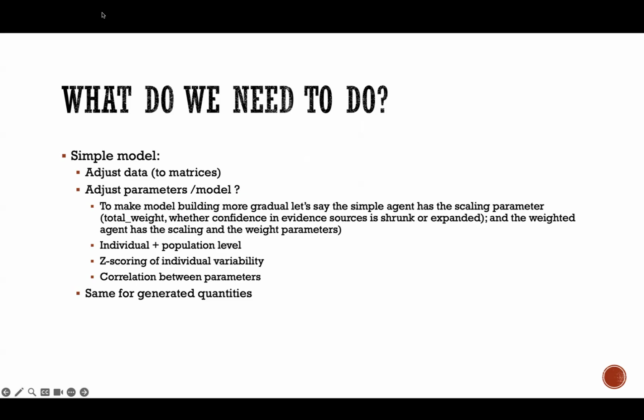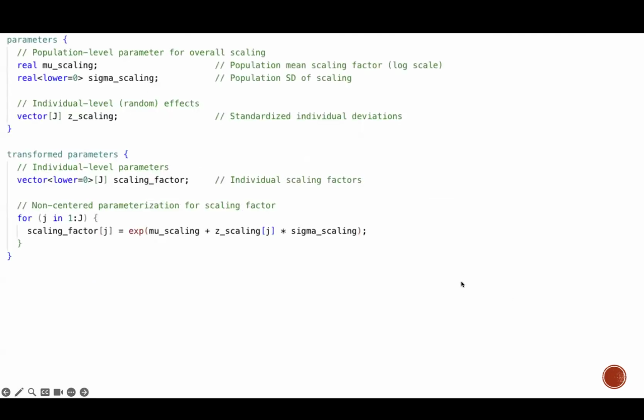And then the weighted agent has both the scaling and the weight parameter. We'll then need to add the individual and the population level in the model. We'll need to z-score the individual variability, and we will need to model a correlation between parameters. And then we need to do the same for the generated quantities.